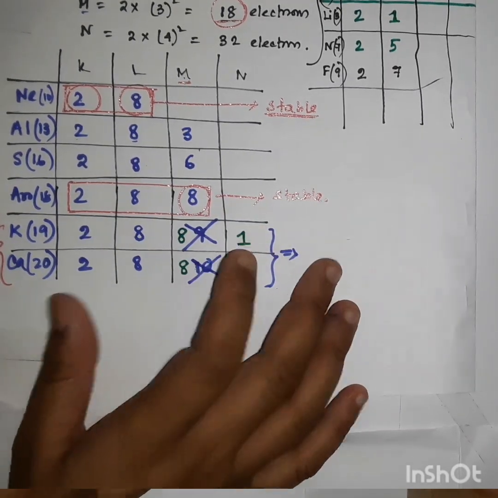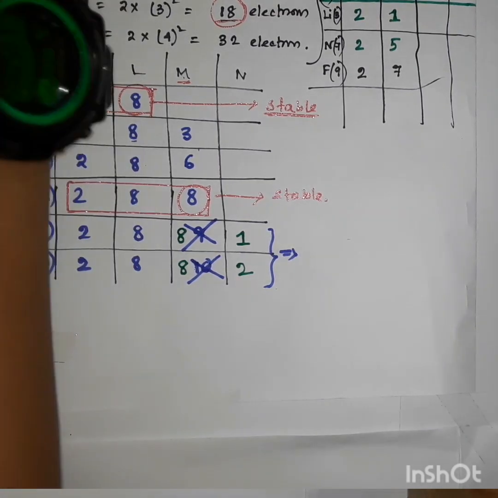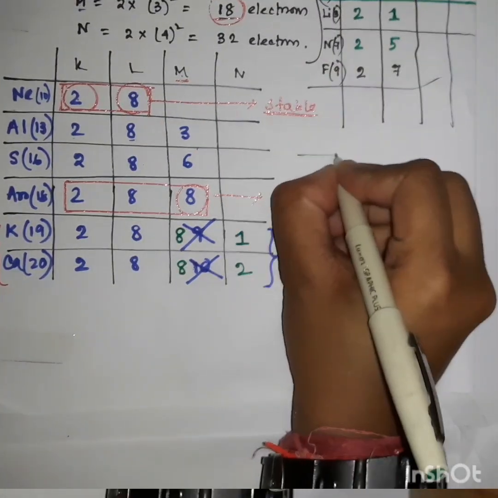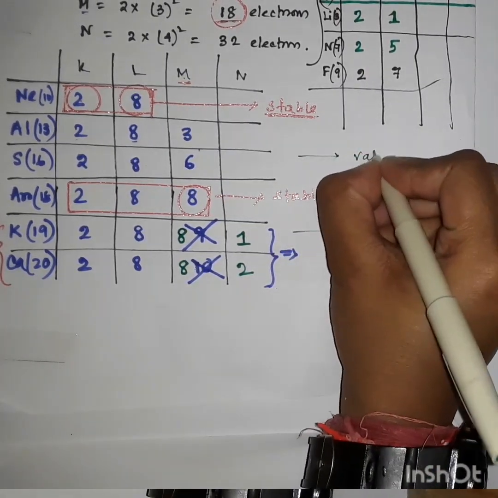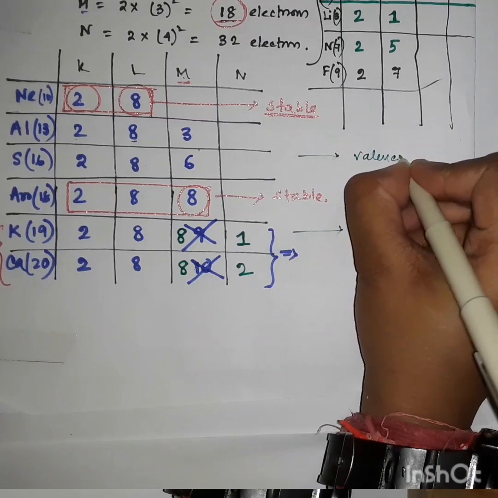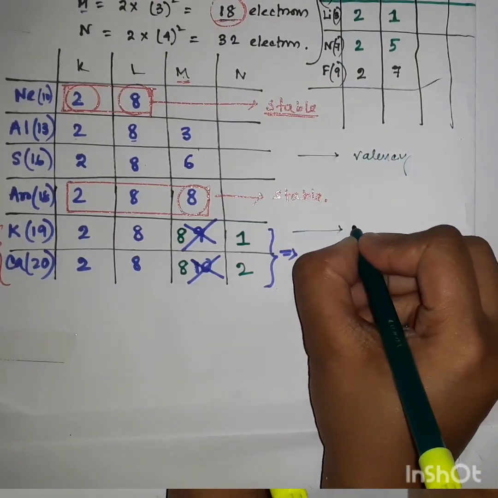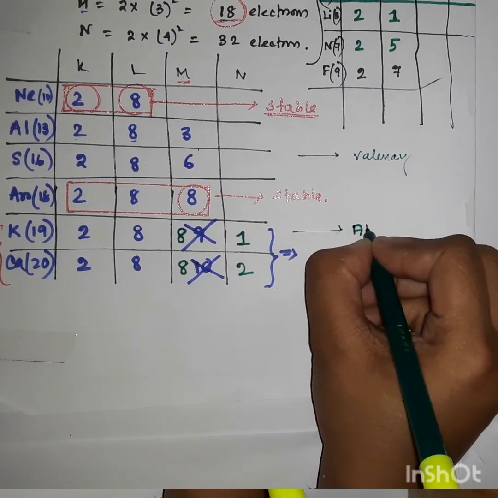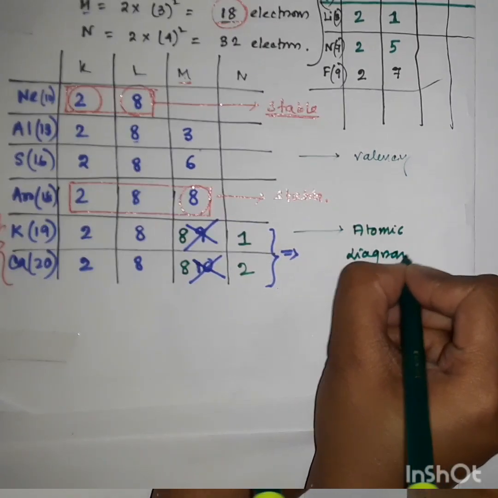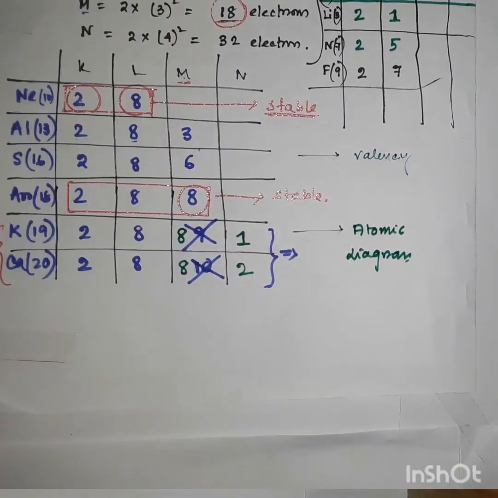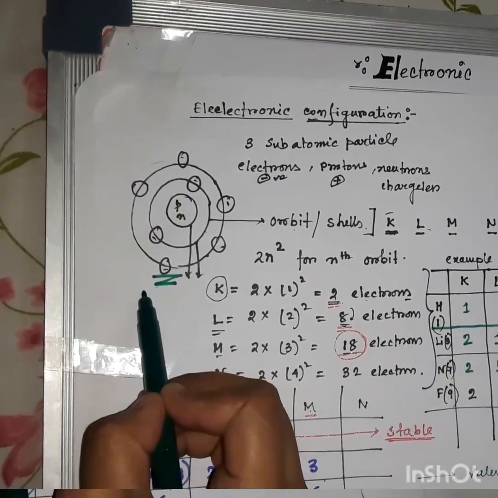By electronic configuration, what are the different conclusions or steps we can get? We can find the valencies of different elements. We can draw the atomic diagram, just like this, where the electrons are placed in different orbits.